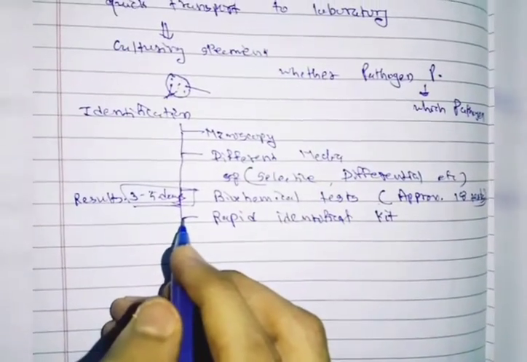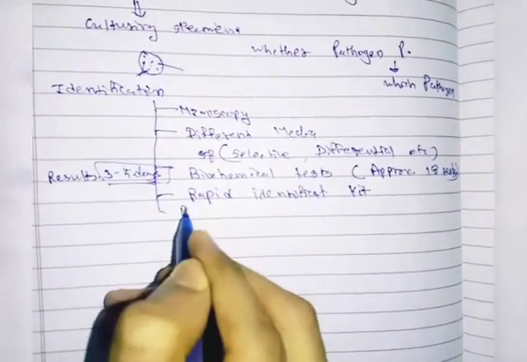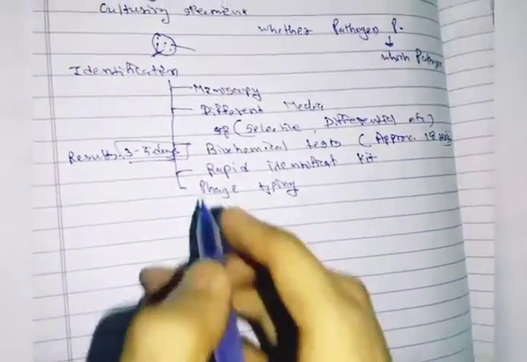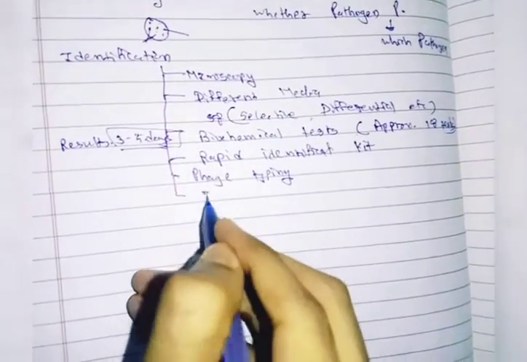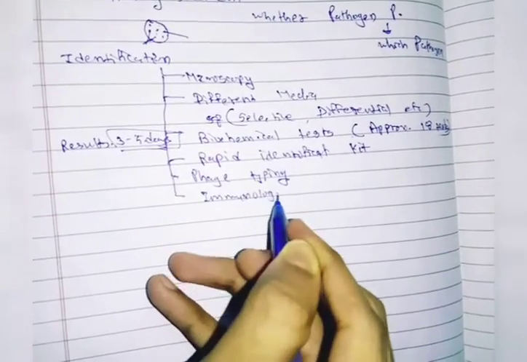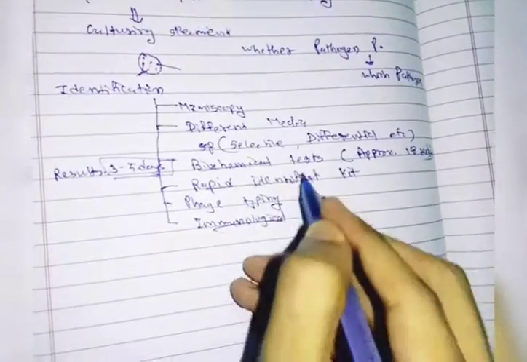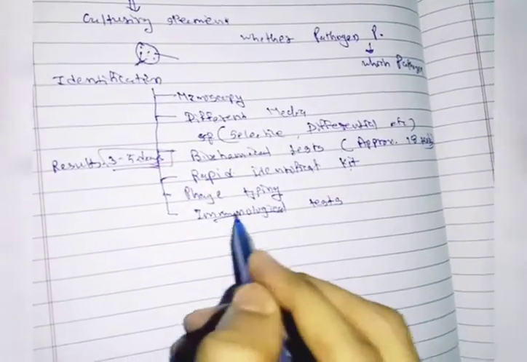Then another technique is bacterial fast typing. Next is immunological tests. This is very important. Biochemical test, rapid identification test, as well as immunological test.